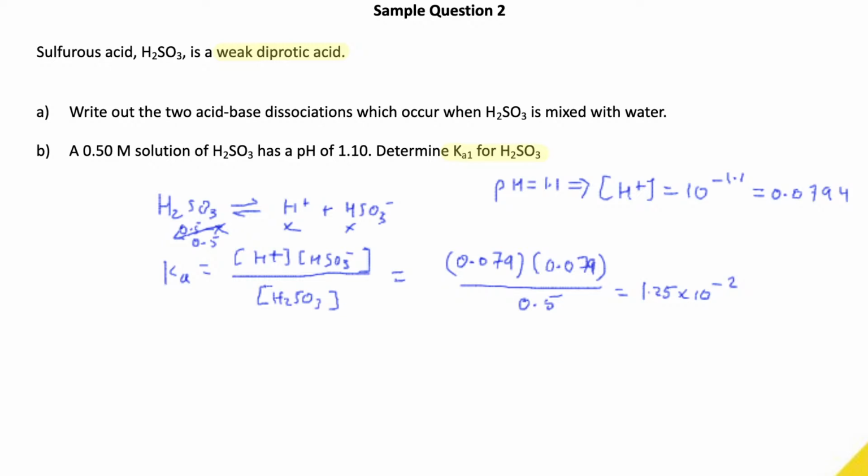Pretty straightforward, hopefully. This is the more quantitative part of Gen Chem that you'll be working with as far as acids and bases are concerned. They have applications in other areas as well, but really this is what a lot of this is all about. With Gen Chem, it's a lot of calculations, but there are things that you can do with these calculations that actually are pretty meaningful.